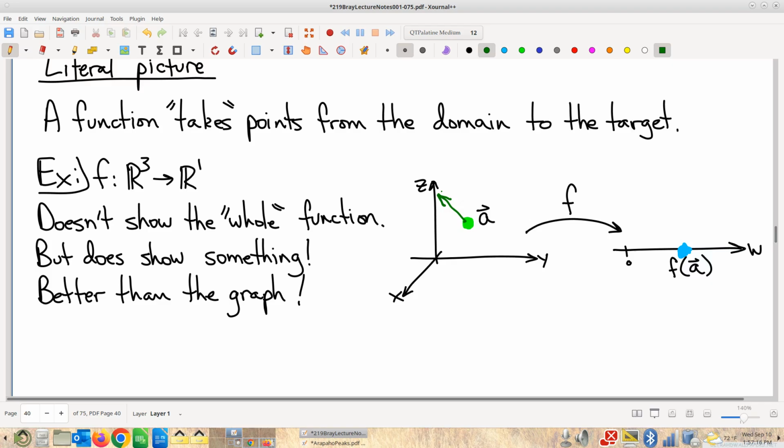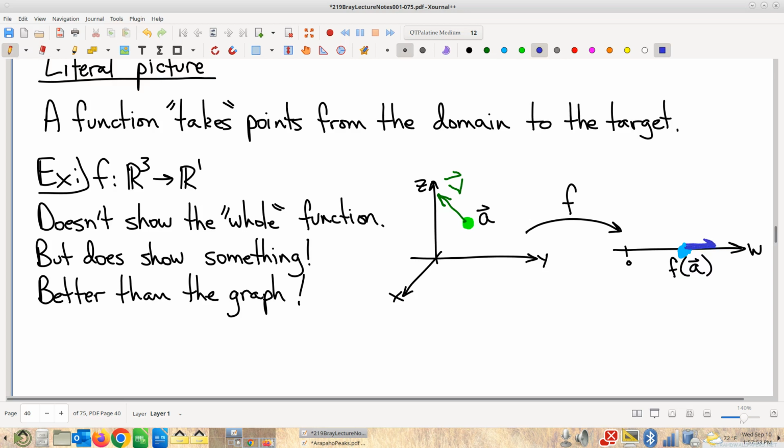Let me call that V. And hopefully not a big surprise, if I'm at this point and I start to move, if we change the point that we're plugging into this function, the image will also start to move. I don't know how, which way, or how fast, but it'll start to move in some sense. So arbitrarily, let me just draw, for example, that's supposed to be... oh gosh, that's terrible. Let me try that again.